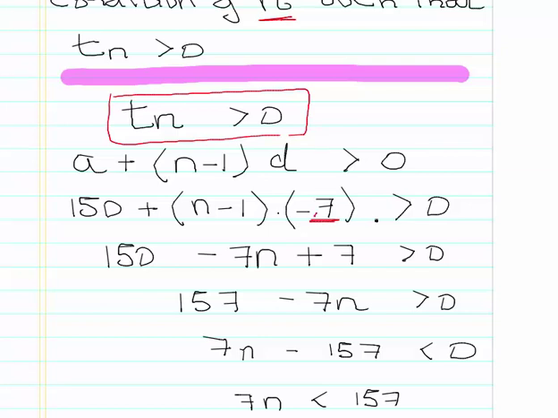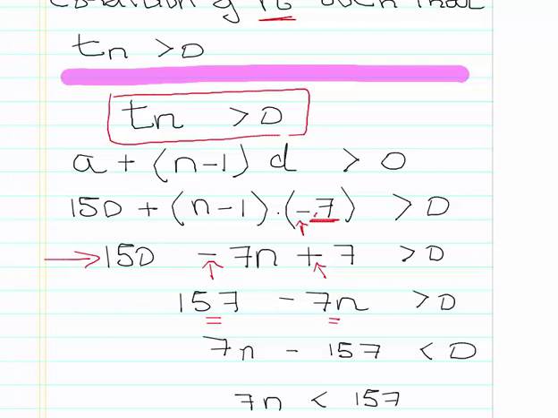Now we simplify the expression algebraically: 150 minus 7n plus 7. Just watch out for the minus signs there. That minus sign gives us that minus and that plus. So 150 plus 7 gives us 157, and minus 7n.